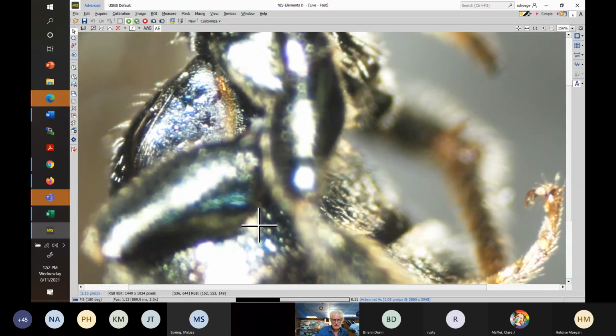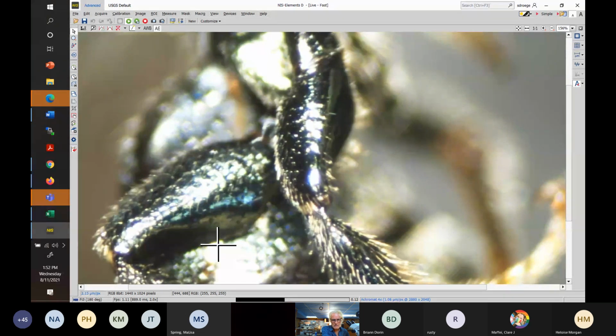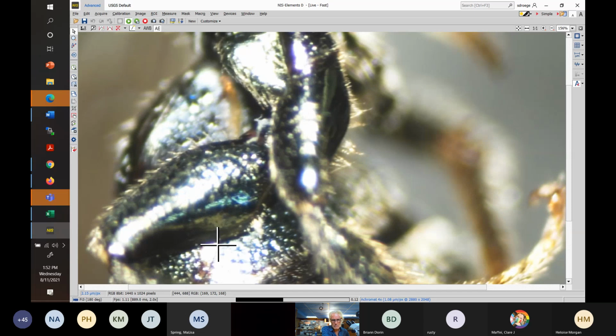The resolution here is not great, and this tuft of hairs is really small, so I'm struggling a little bit, and it would also be difficult to see. But that's the tuft of hairs.